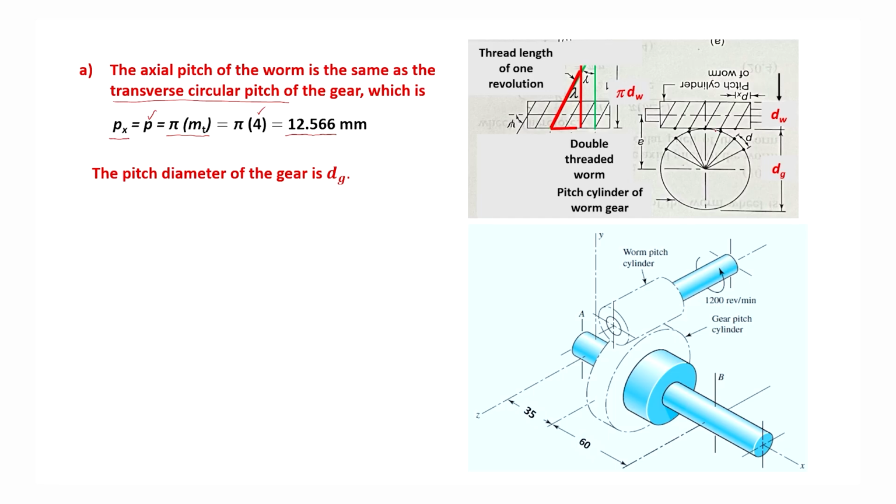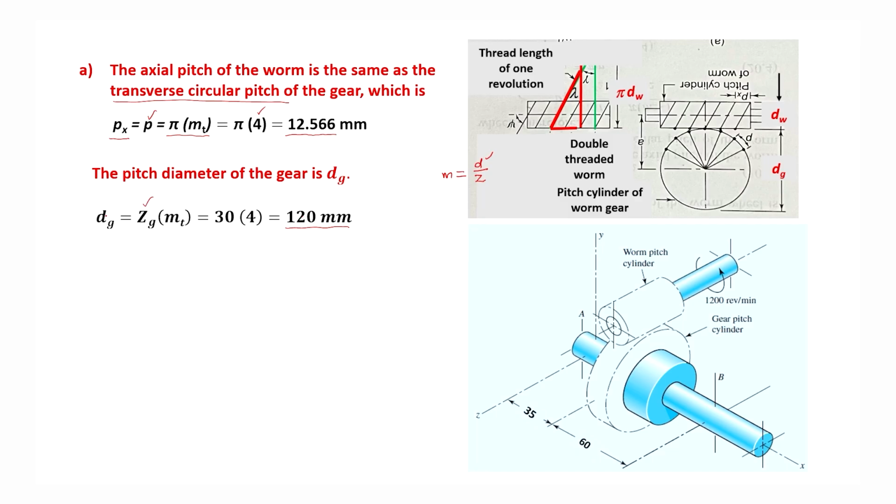Now, the pitch diameter of the gear. The module and the number of teeth on the gear are given, and knowing that the module is equal to the pitch circle diameter d divided by the number of teeth on the gear, we can find the pitch circle diameter. That is the number of teeth multiplied by the module, which is 120 mm.